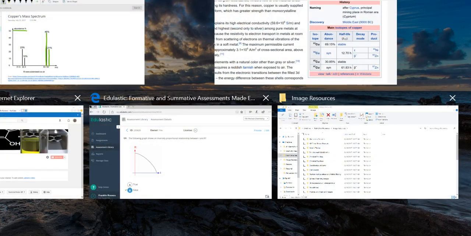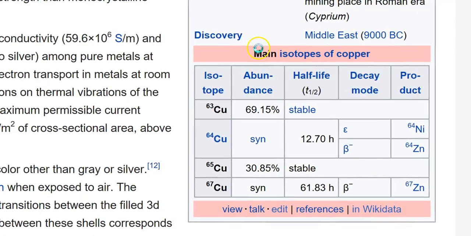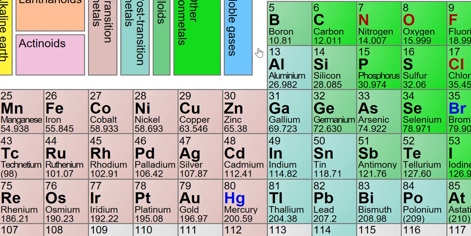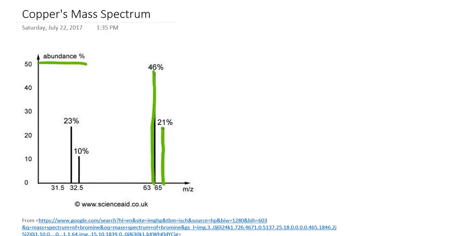And if we take a look at the periodic table, we can see that copper's atomic mass is about 63.5. So chances are we have a copper-63 isotope and we have a copper-65 isotope. Okay? However, notice that we have two pairs of peaks.